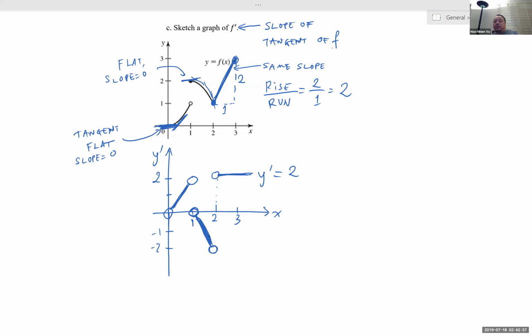That means there's no such thing as f prime at x equals 1 and 2, so the graph of f prime cannot have anything at x equals 1 and 2. That's why I have all of these open circles at these places. All right, hope that helps.